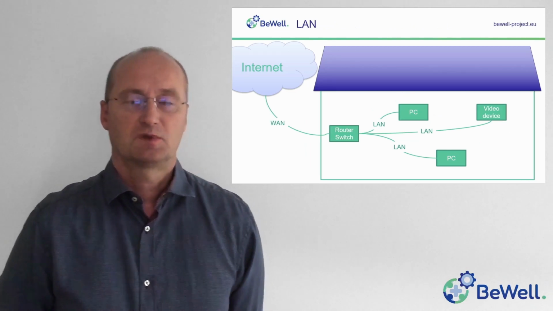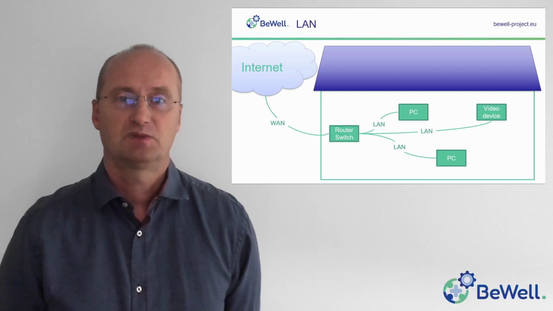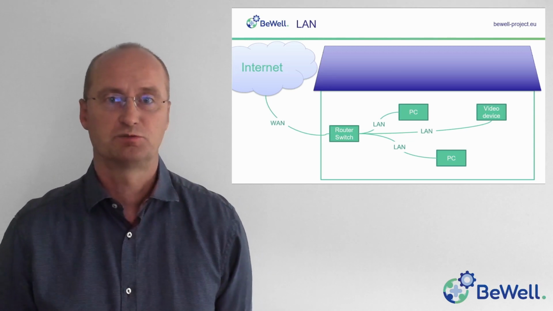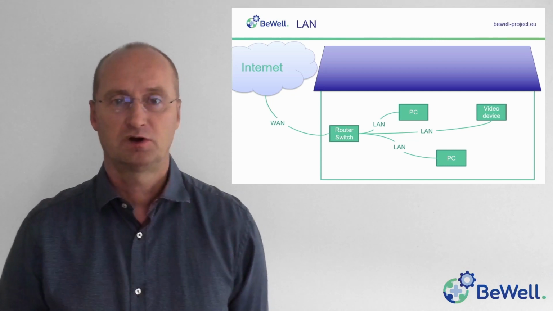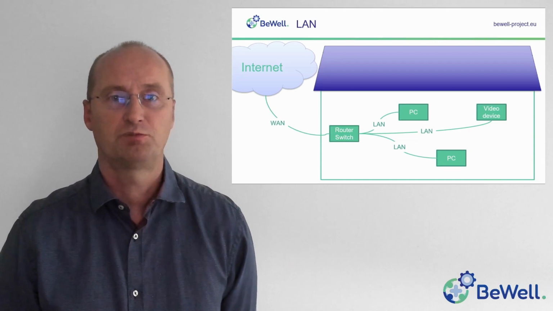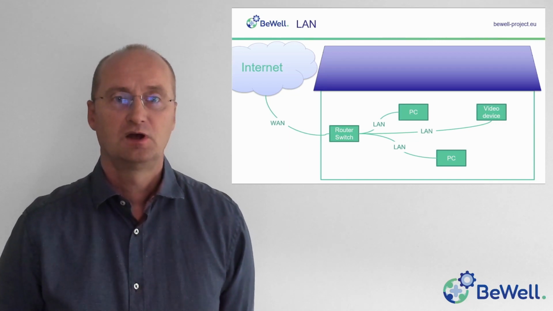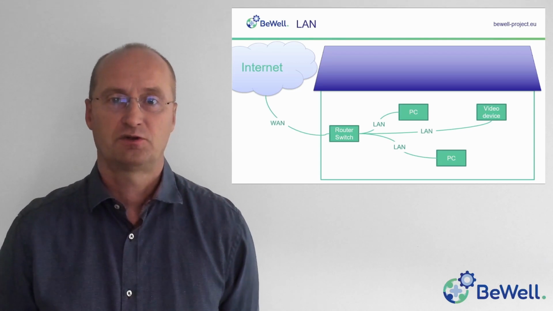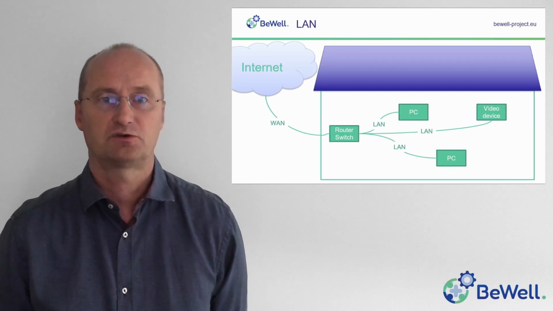LAN, local area network, is networks within companies, healthcare organizations and homes. Both WAN and LAN networks were originally fully or partly wired. Today, Ethernet is used as a term for the wired networks.